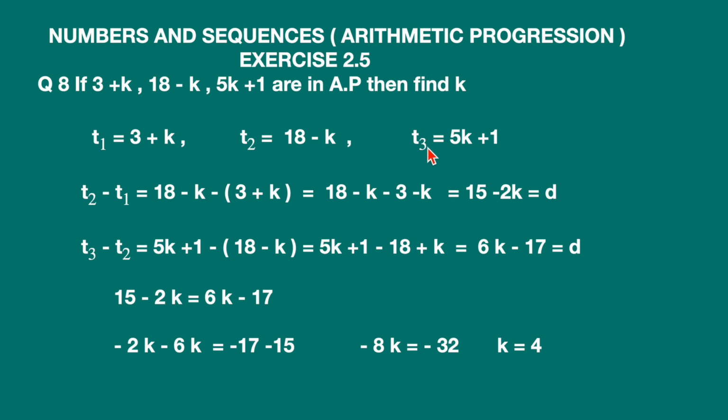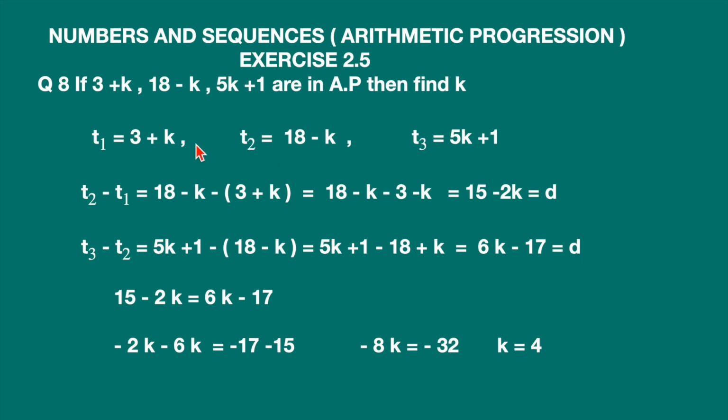Let us now do T3 minus T2. So here it is T3 minus T2, 5k plus 1 minus 18 minus k, put it in a bracket. Open the bracket now, you will get minus 18, minus into minus plus k. So 5k plus 1 minus 18 plus k, simplify it, you get 6k minus 17, that is equal to D. Now these two are equal.